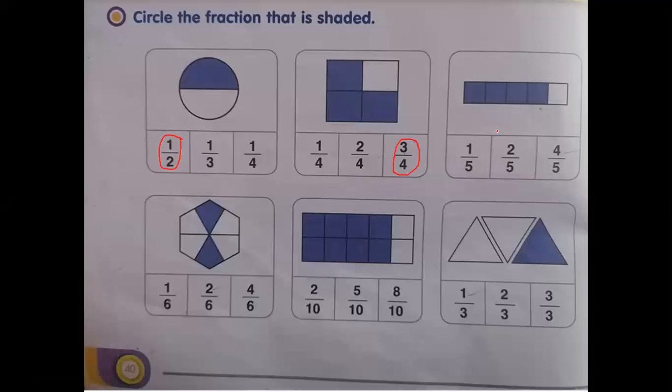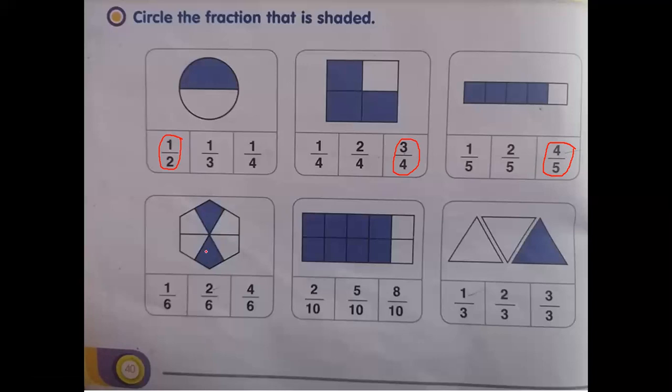Number 3, how many shaded parts do we have? 1, 2, 3, 4. So we have 4 shaded parts, the numerator. And how many parts in all? 1, 2, 3, 4, 5. So 5 over 4. Sorry, 4 over 5.